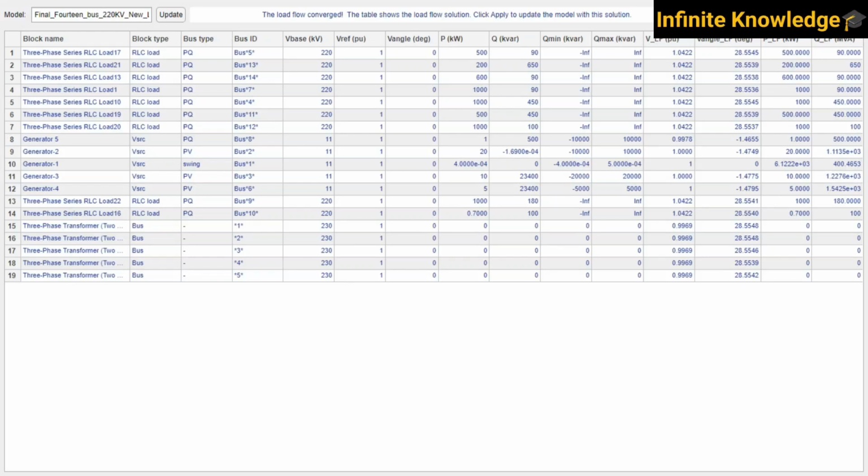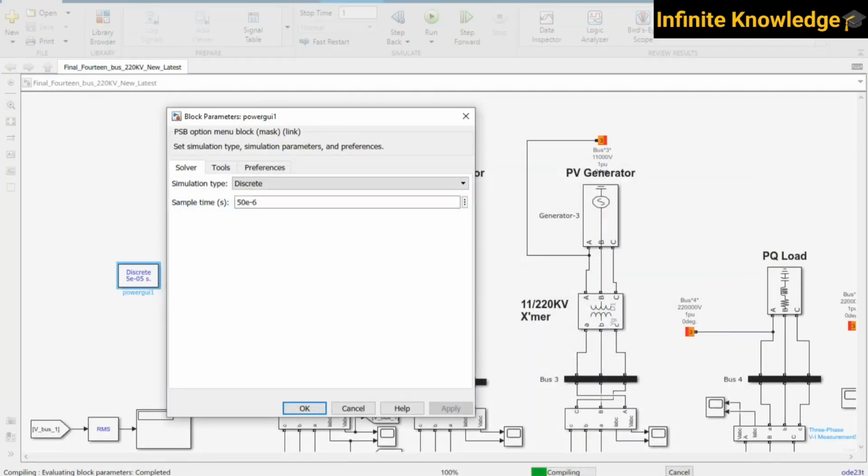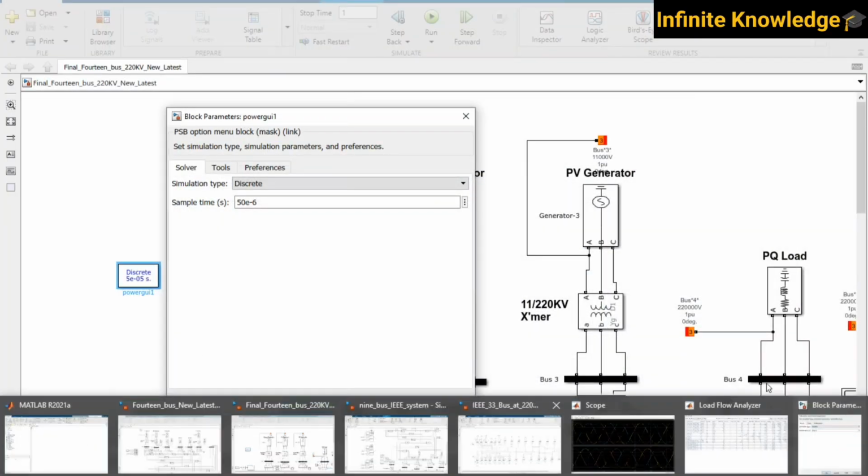So again I just compute. 400 will be increased. I think we need to run the model again. Okay, yes, it is running.